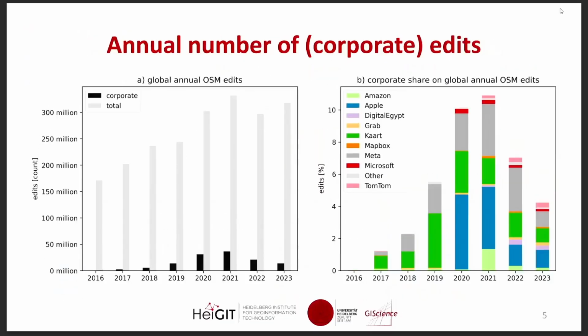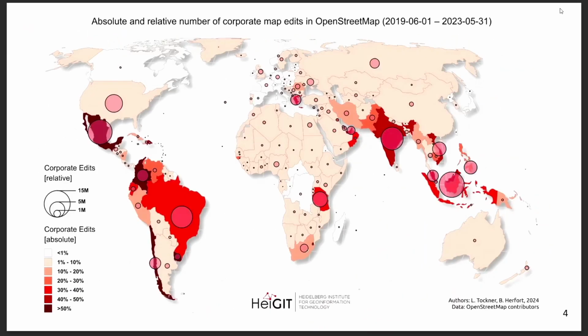Let me tell you one more thing. If you now look at socio-economic characteristics of those countries where a lot of corporate mapping happened, what you will realize is that it's not the very high income countries or very high human development index countries, and also not the very low, but rather the ones in the middle.